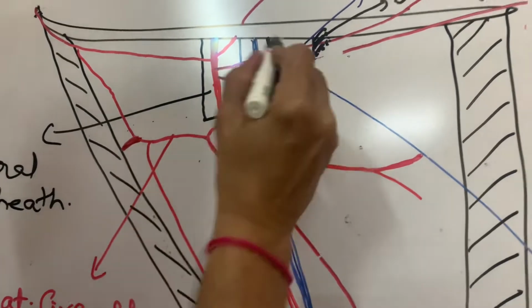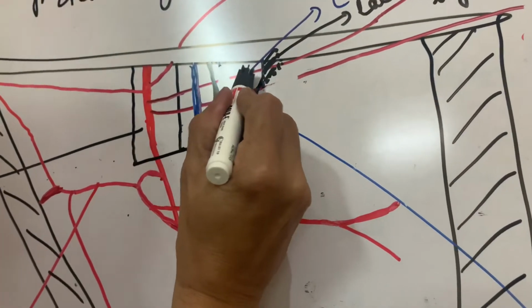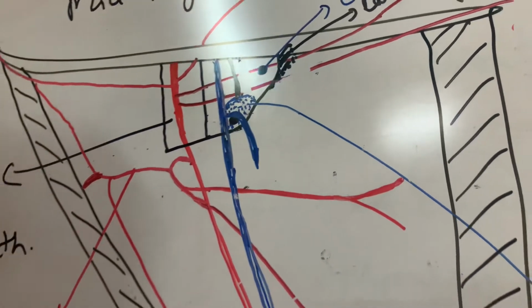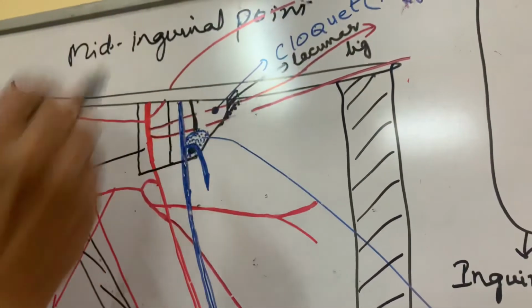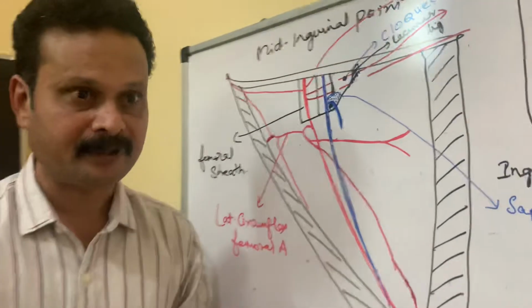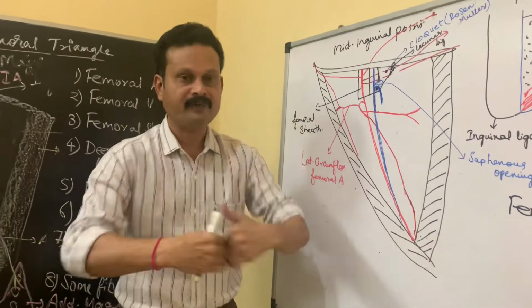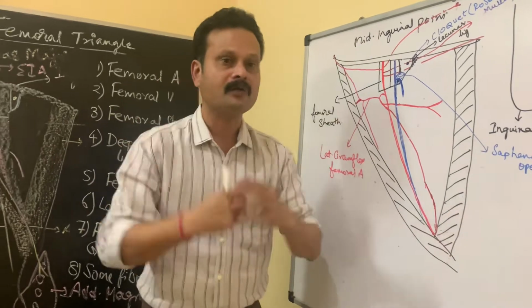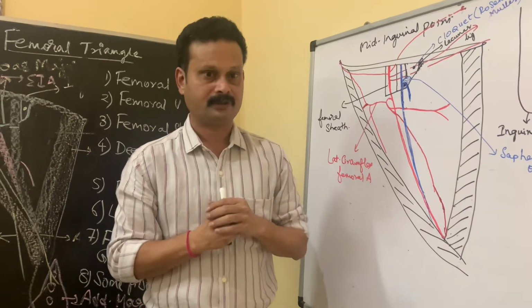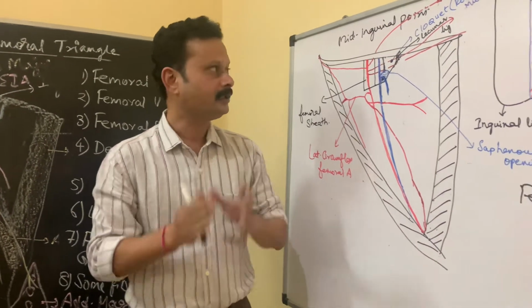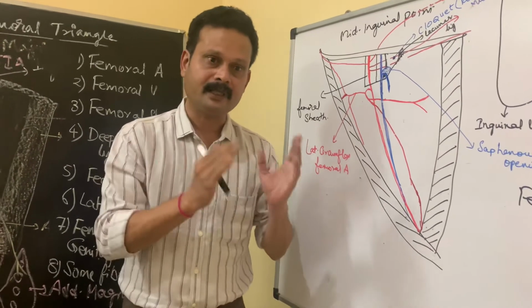Number 2, the constant one, is the lymph node of Cloquet. And number 3 is at the femoral septum. The third one may be present. The efferents from these nodes drain into the external iliac nodes. Is that clear? The efferents from these drain into the external iliac nodes.